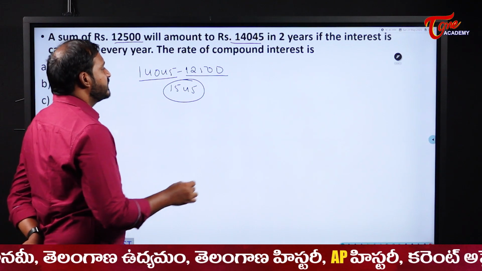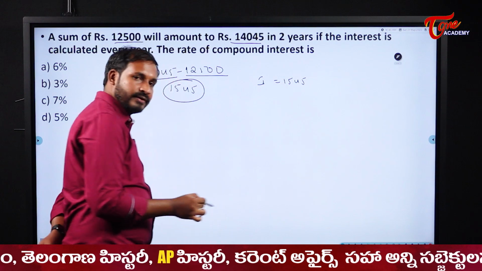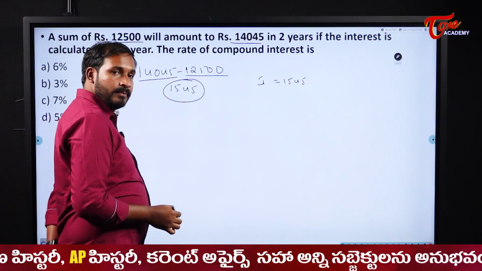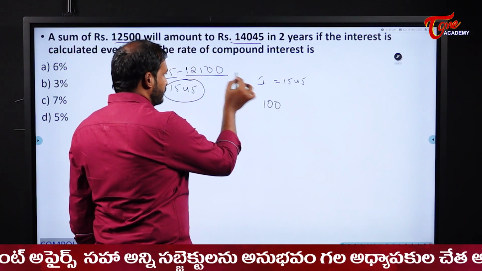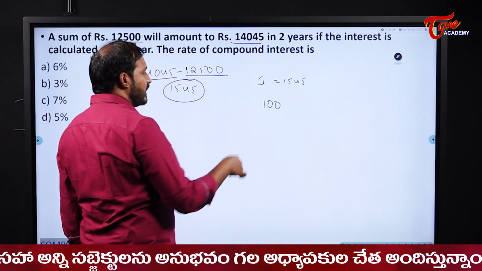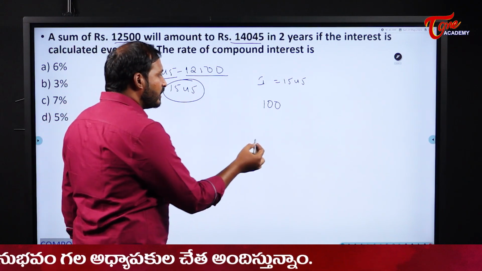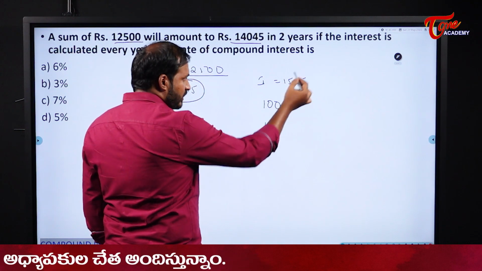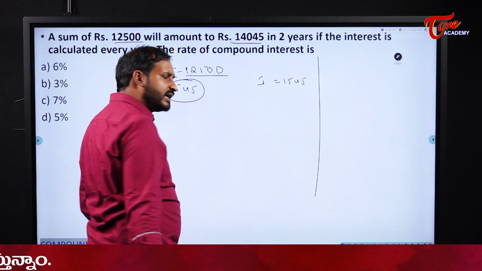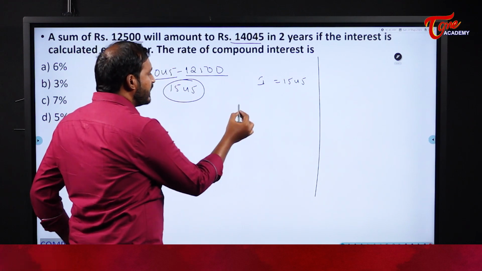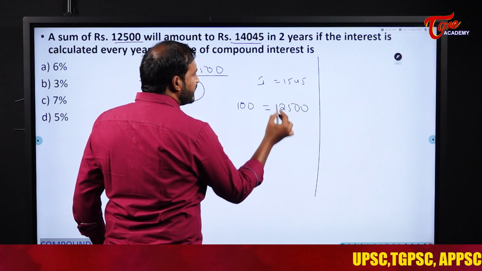Here the interest will become 1545. Now please simply find out 100 parts principal. Assume 100 into 100, which we have solved earlier, or else take it as the normal method. If 100 parts principal is 12,500, what is my interest?